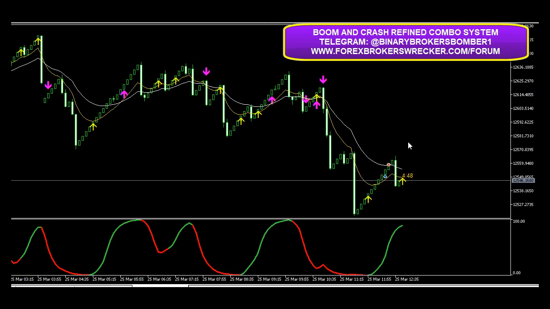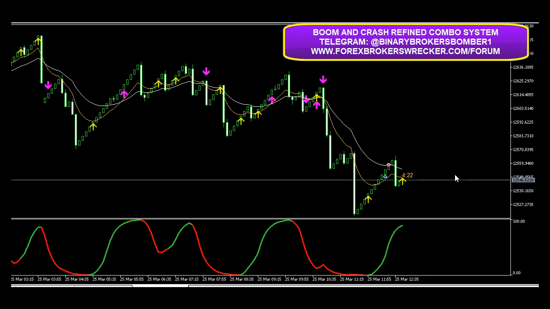Here, uptrend on 5-minute time frame. But I'm not going to trade this. Why am I not going to trade? Because the pop-up is actually below the moving averages. Though the filter said uptrend, I'm still not going to trade because the trend is below what?